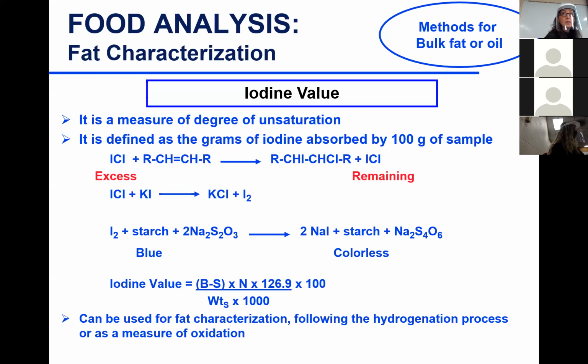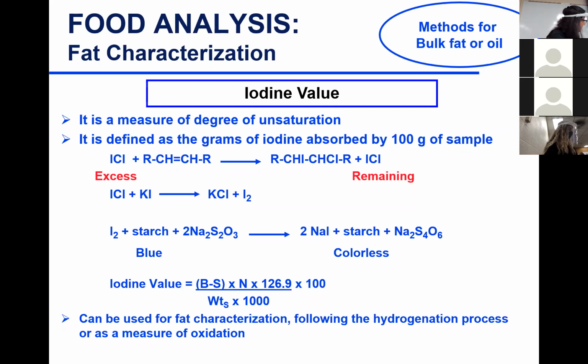Formation of something that is on the label. Al: Trans fat. Exactly. Incomplete hydrogenation can result in the conversion of cis to trans and having a trans fat. And so after hydrogenation, it's very important to measure trans fat content.